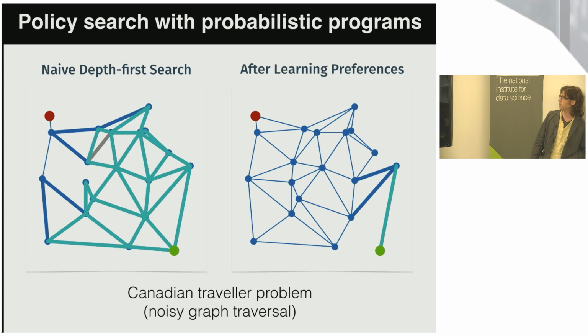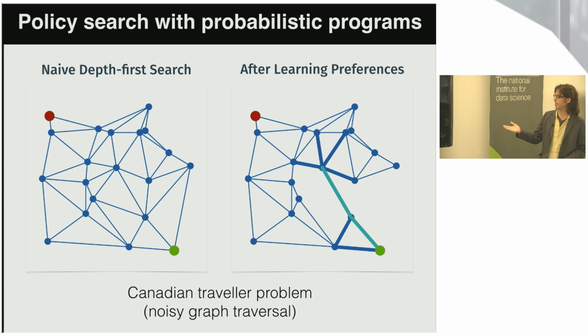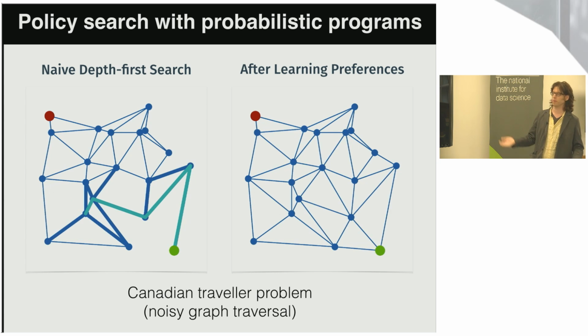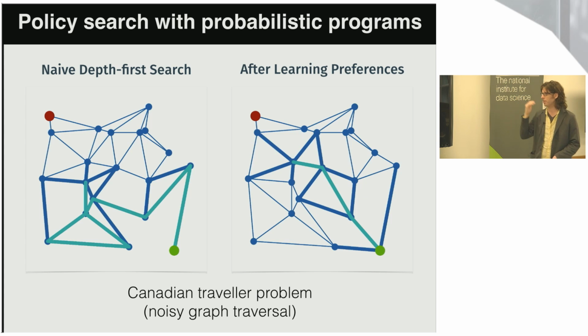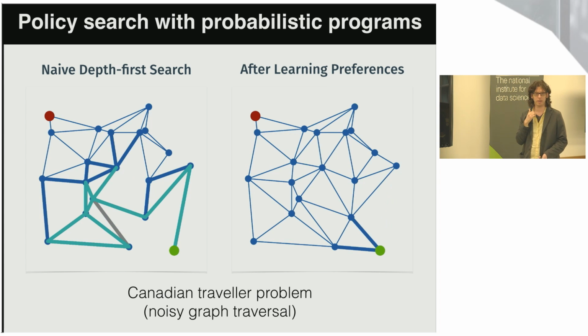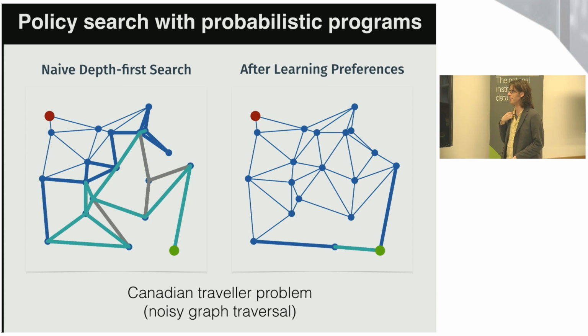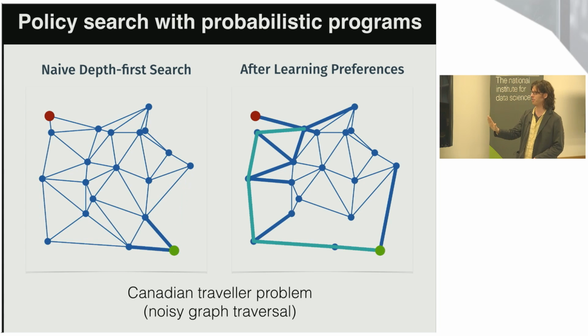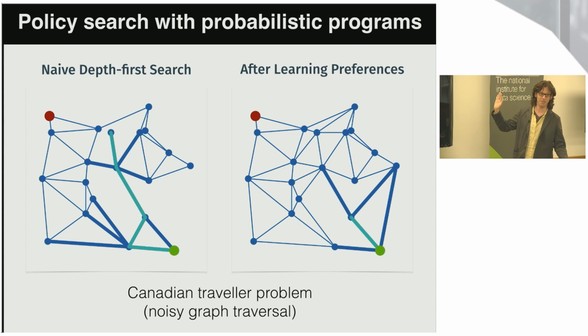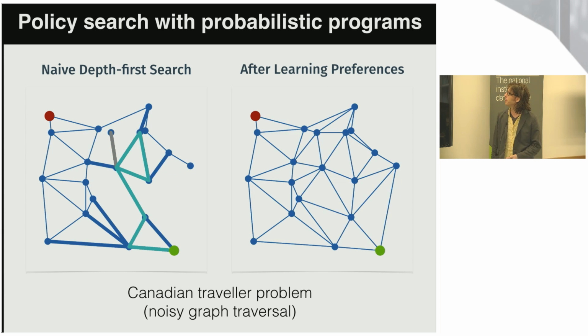And so if you give it new graph instances, it has a reasonably good idea where should I go given the roads that I have open now. And actually, the heuristic looks a lot like what's known to be a very good heuristic for this problem, which is the optimistic policy, where the agent just always assumes, well, if everything else is unblocked, let's go that way.